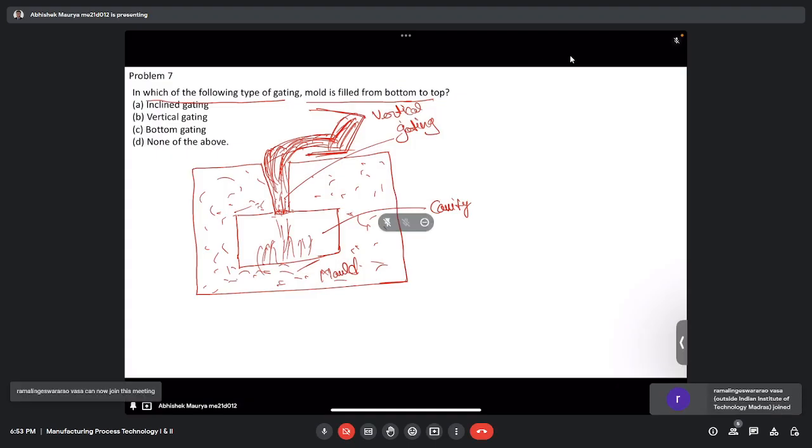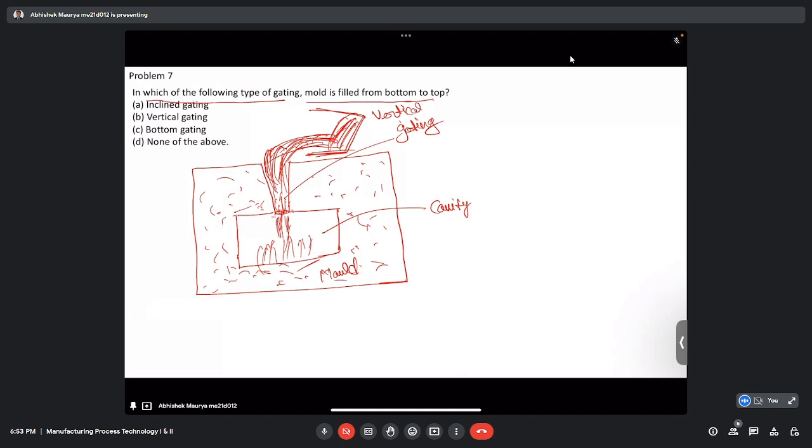But there are some disadvantages of this kind of filling. If we are filling from the top, then molten metal will directly fall from here to the bottom of the mold. So it is falling from this much distance. There is a possibility that if the mold strength is not very high, then it may erode in this region.